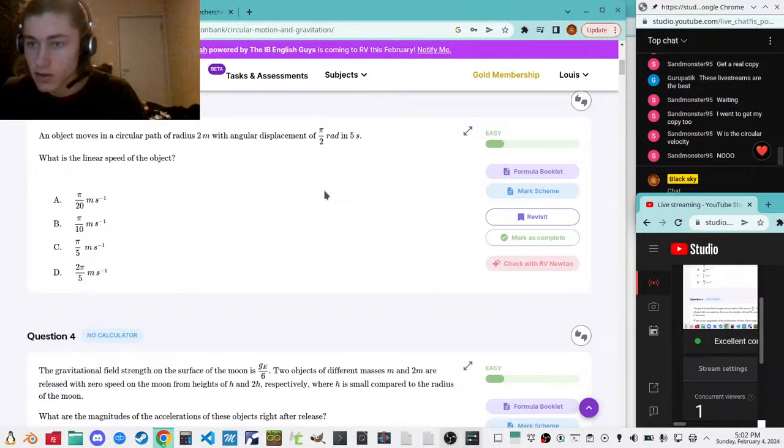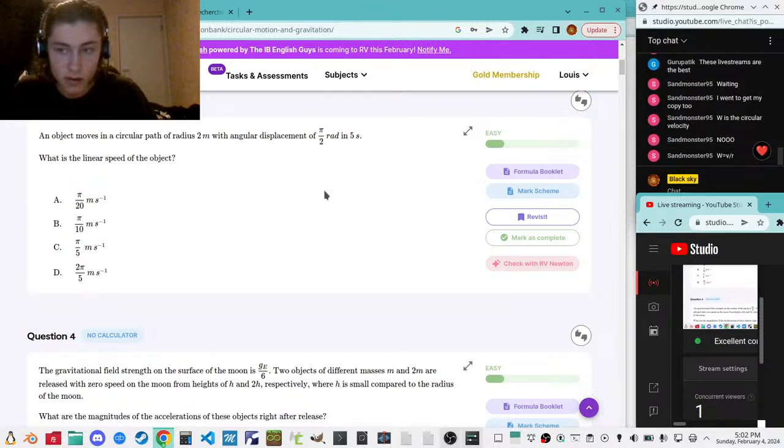W is this, yeah, it's the velocity, but how do you get that W? How do you get the W? Well, is it just 2 pi divided by 5? Pi over 10? Is this what it does in 1 second?